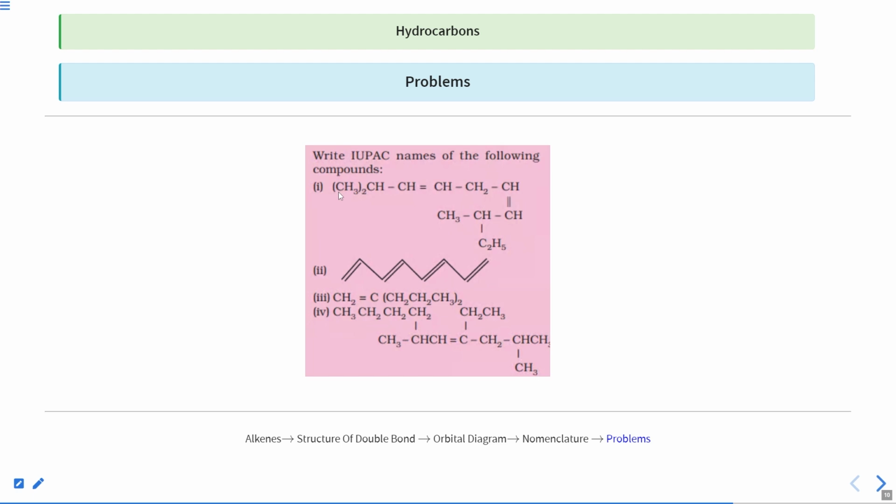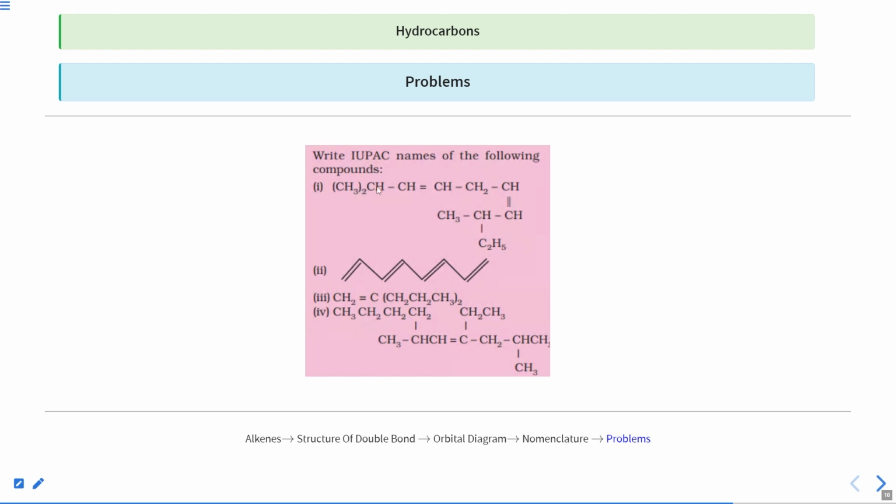Now, the number of carbons is 1 to 10, so it is decane, and I will use just the root, dec. Now, how many substituents are there? On the first carbon we have one methyl substituent, and on the eighth carbon we have one more methyl substituent.